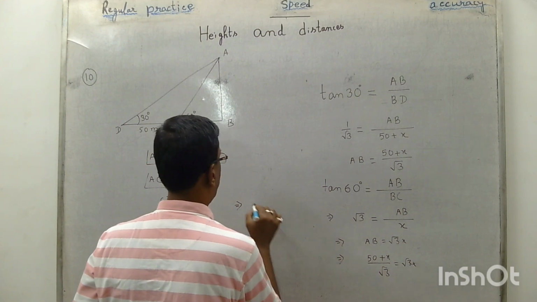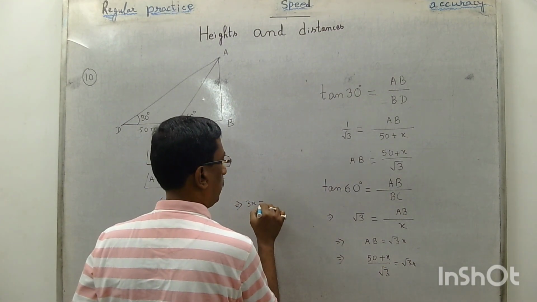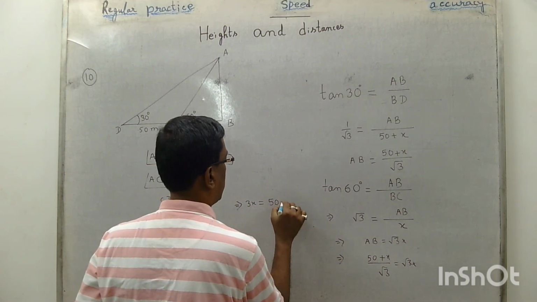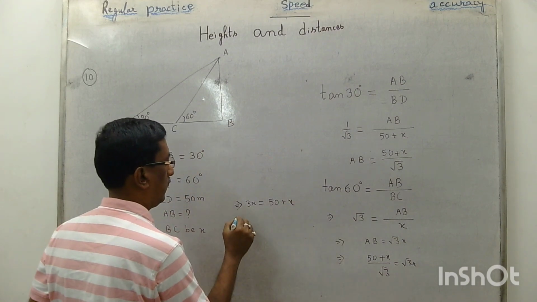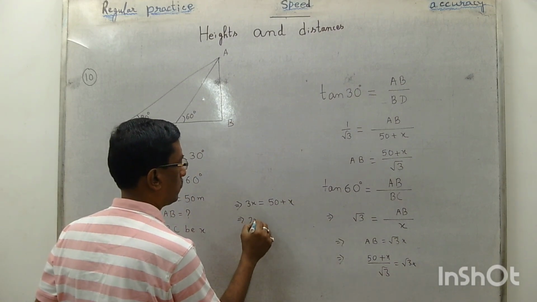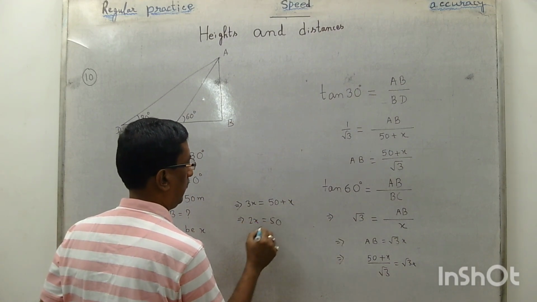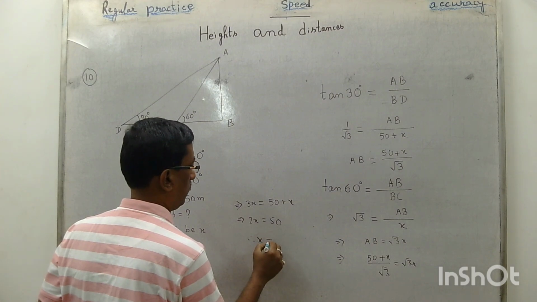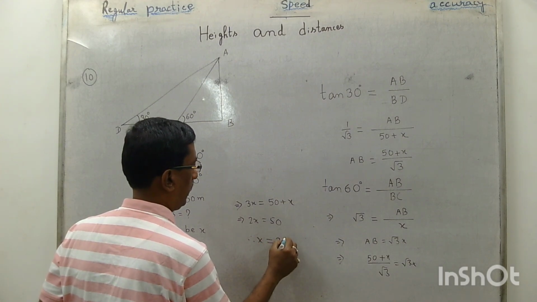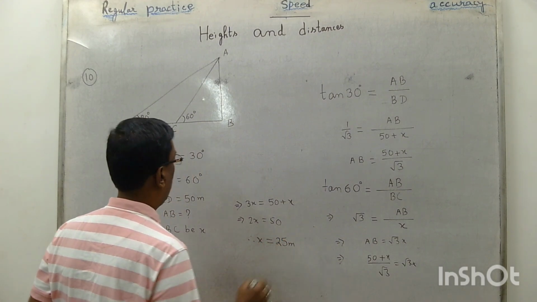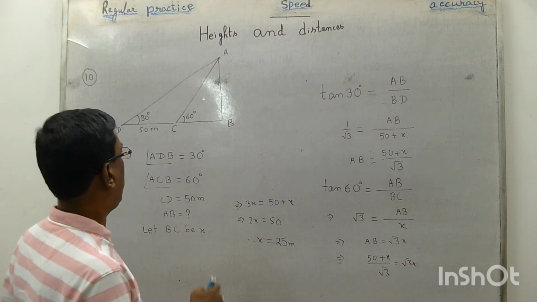Multiply this by this. We have 3x equals 50 plus x. 2x equals 50. Therefore, x equals 25 meter. But we have to find AB.